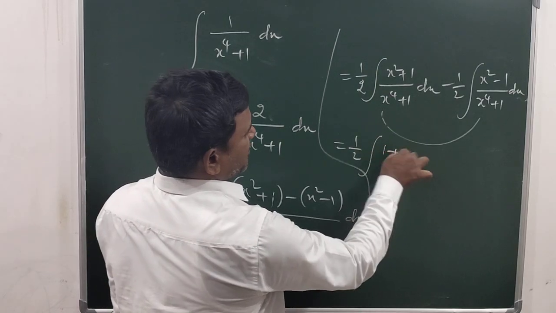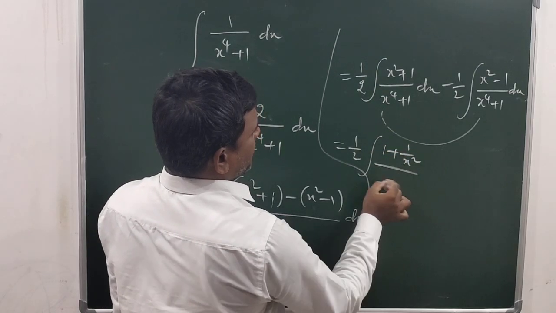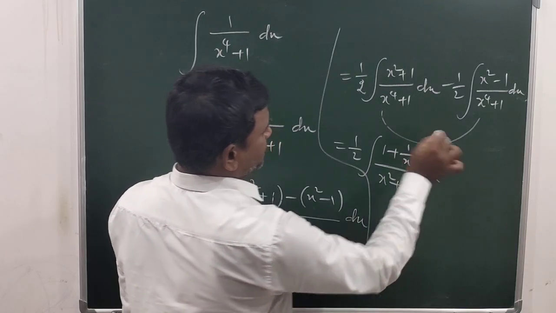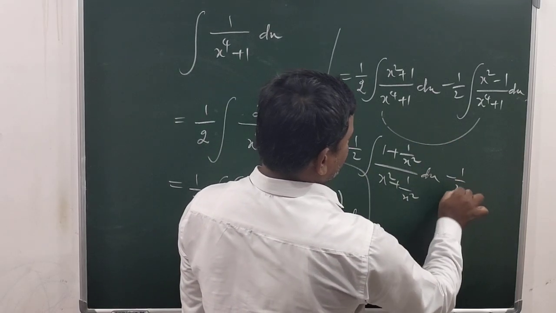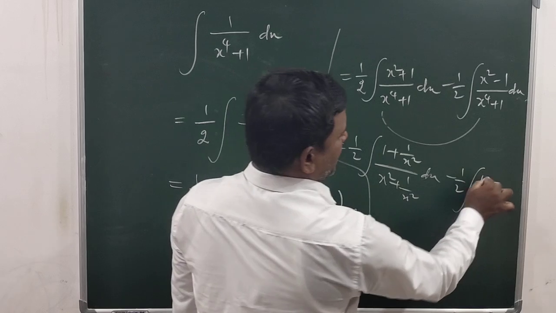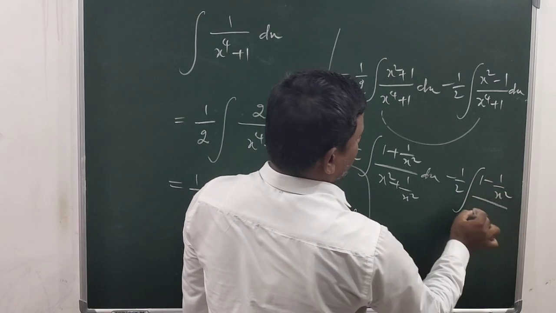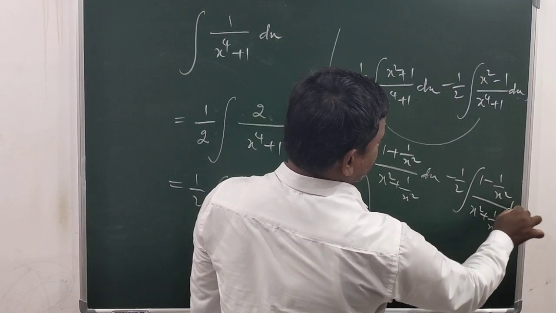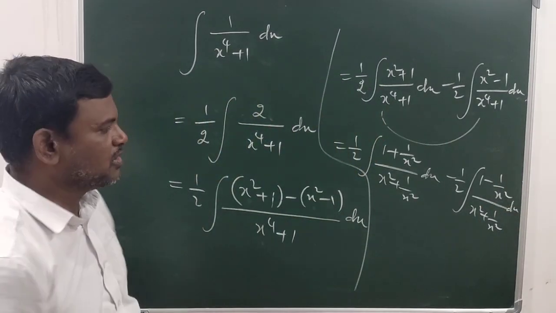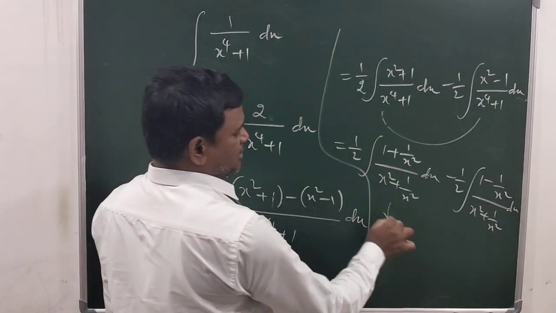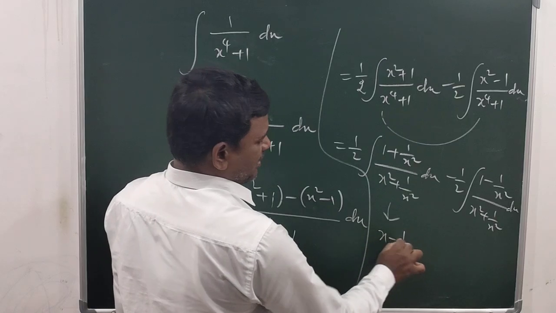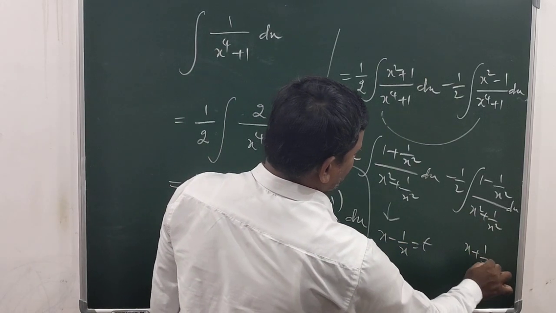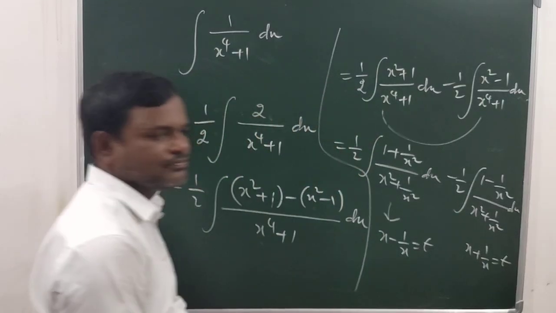If you want, I can do it. Here, what do you get? 1 plus 1 by x square over x square plus 1 by x square dx. Here also, 1 minus 1 by x square over x square plus 1 by x square dx. What is the substitution? For this, x minus 1 by x equals t, and for the other, x plus 1 by x equals t.